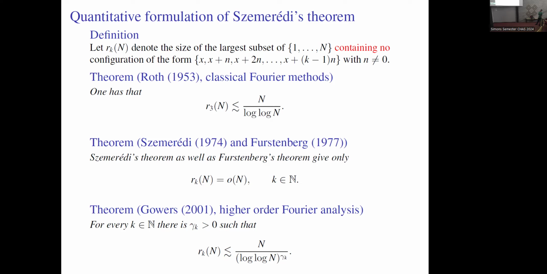These days we have a fairly satisfactory answer of how this function behaves. But let me emphasize that these classical Fourier methods are limited to arithmetic progressions of length 3.